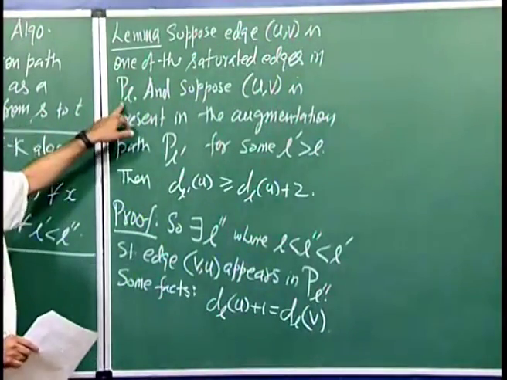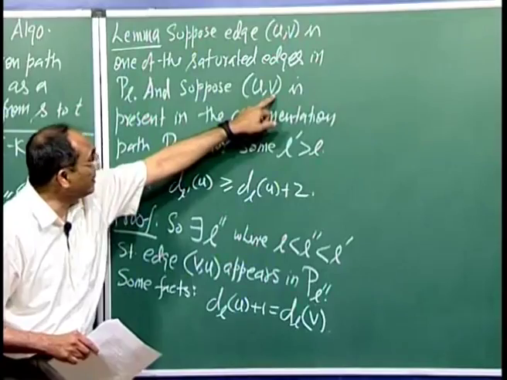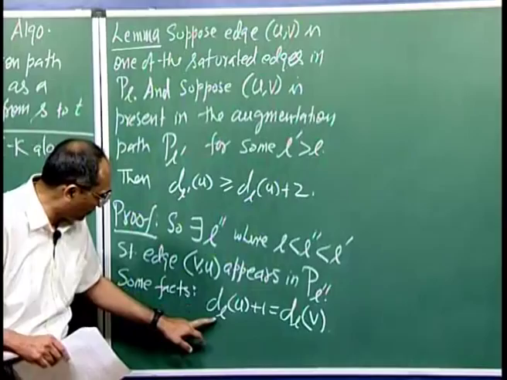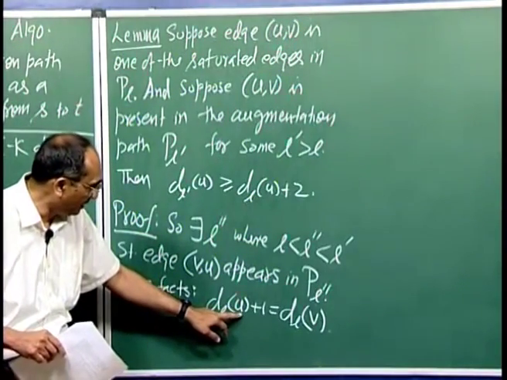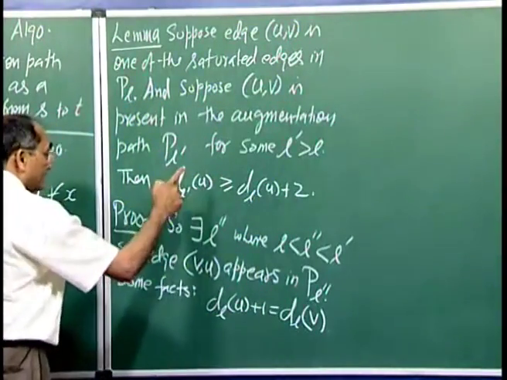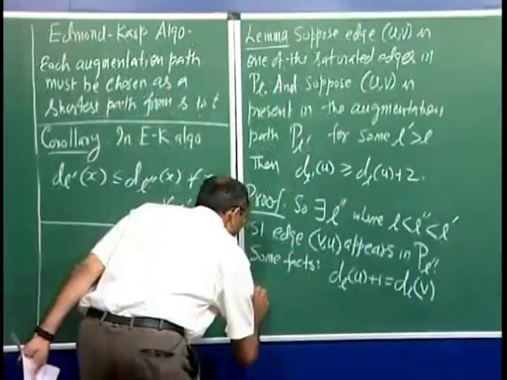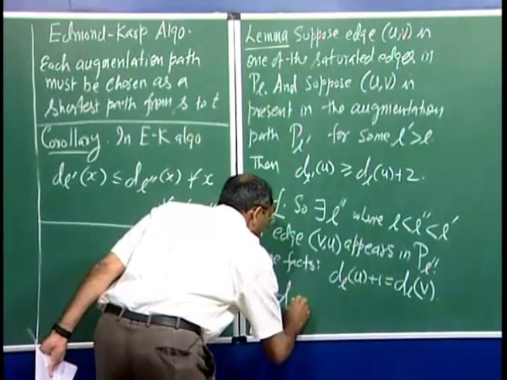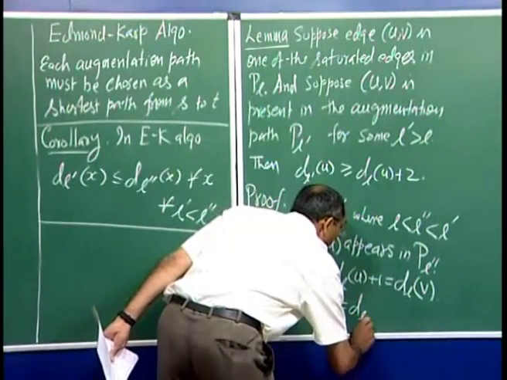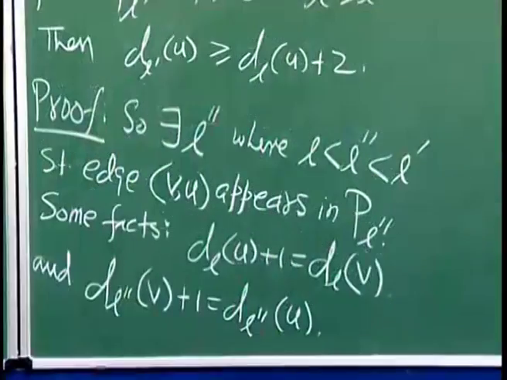Because in PL edge UV occurs, U occurs first, V occurs later. This is the shortest path. So the distance from S to U has to be 1 less than the distance from S to V. The reverse occurs in PL''. So we have dL''(V) plus 1 is dL''(U).